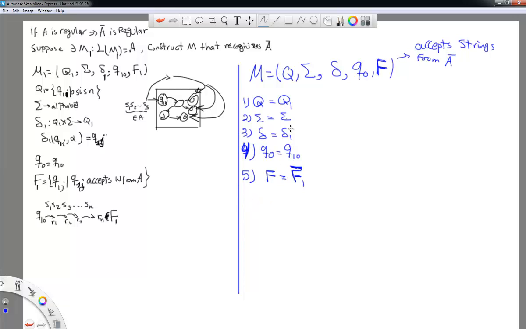Because the processes of these two machines are completely identical, except that all the states in M sub 1 which were accept states now are reject states, and all the states in M sub 1 that were reject states now are accept states. Which means that if you draw any string that's not in A, then by the end of that process, you're going to be in some state of M1 that is not an accept state, which means that it would be an accept state for M.